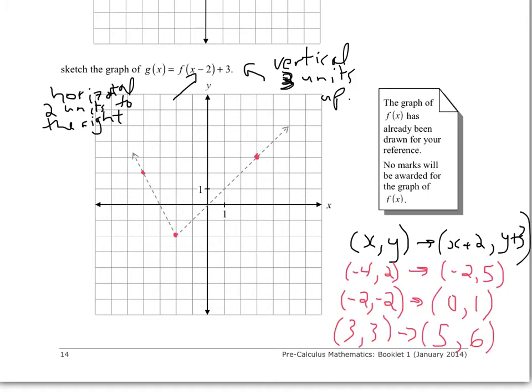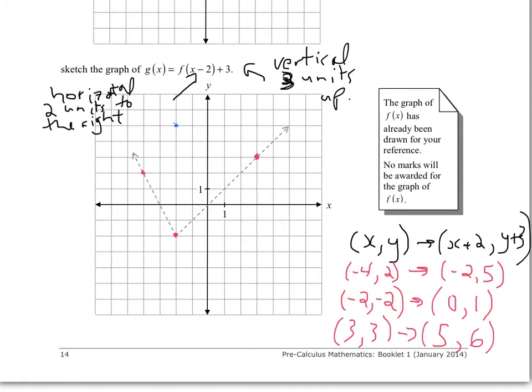So I'm going to put my new graph here. (-2, 5). Luckily they give us the scale, so we don't have to draw it in.